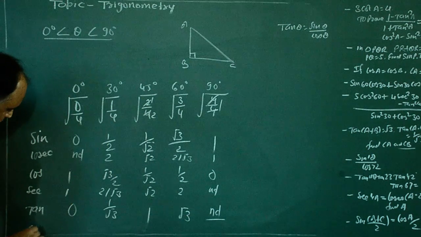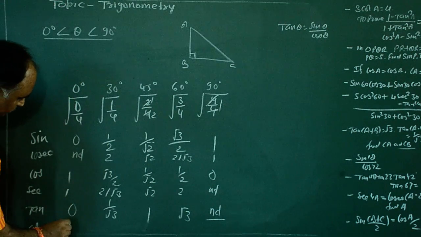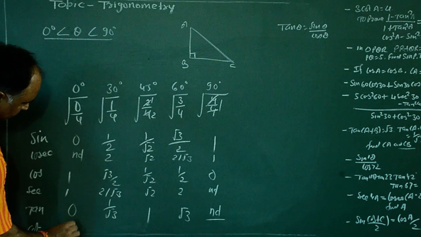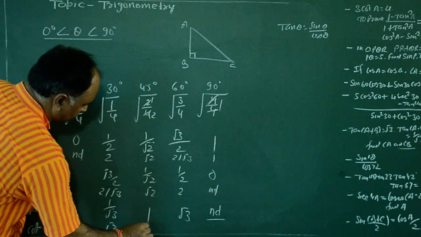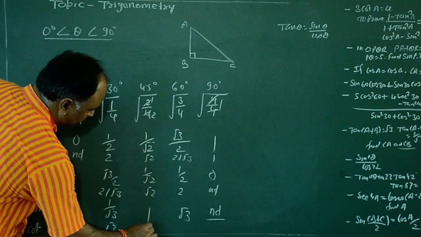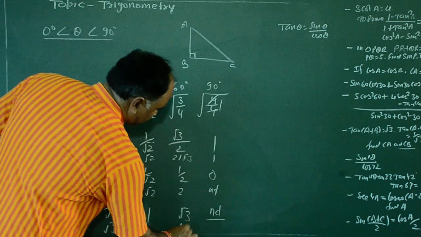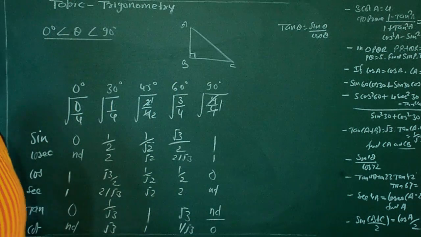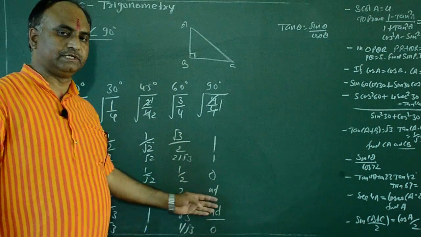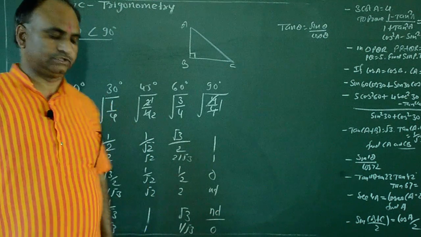And then cot, look, 0, so here not defined. Then root 3 and its reciprocal, you have 1, and then 1 by root 3, and here 0, because 1 upon 0 is not defined, but 0 upon 1 is 0.